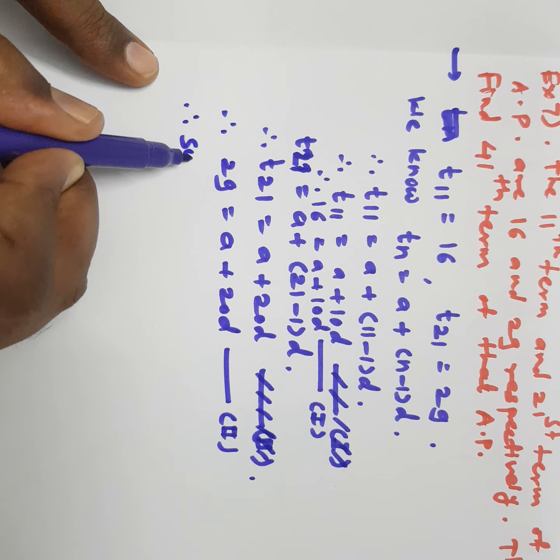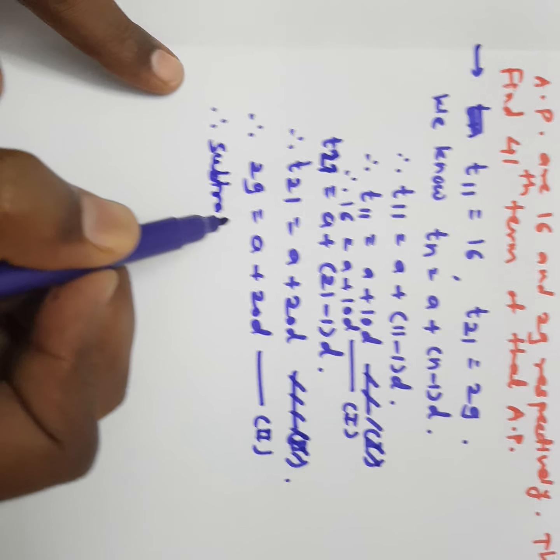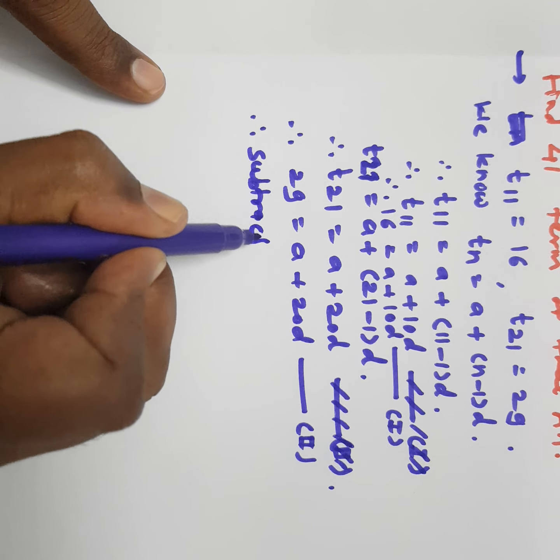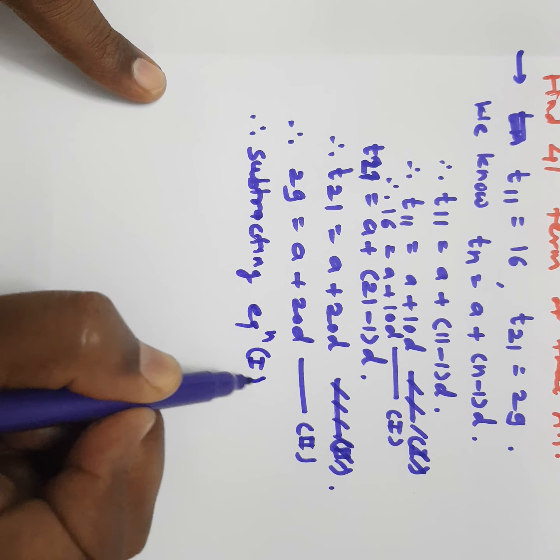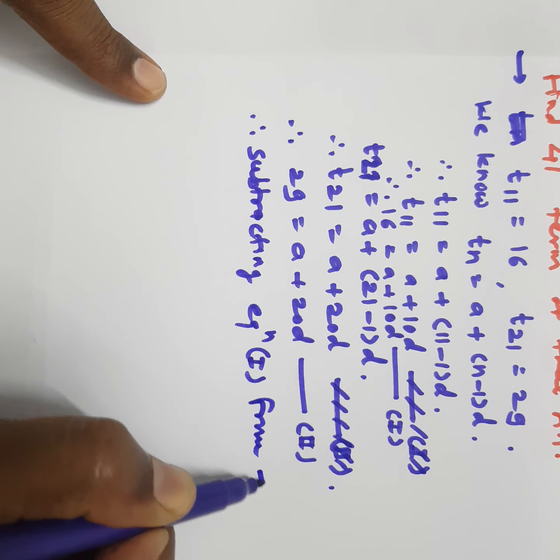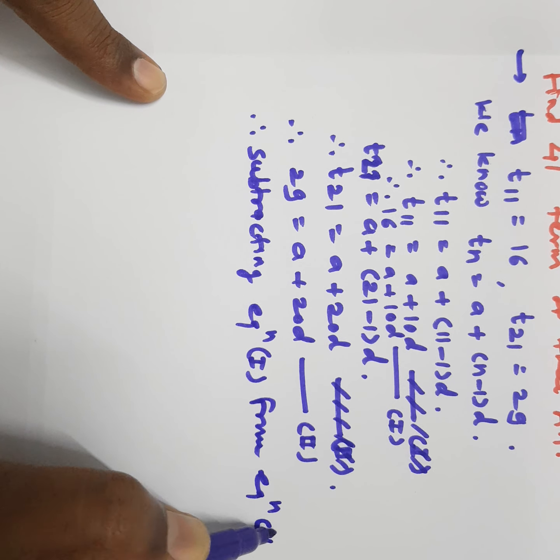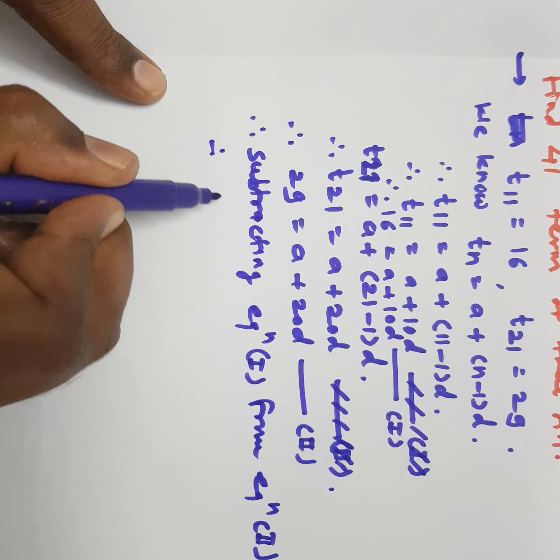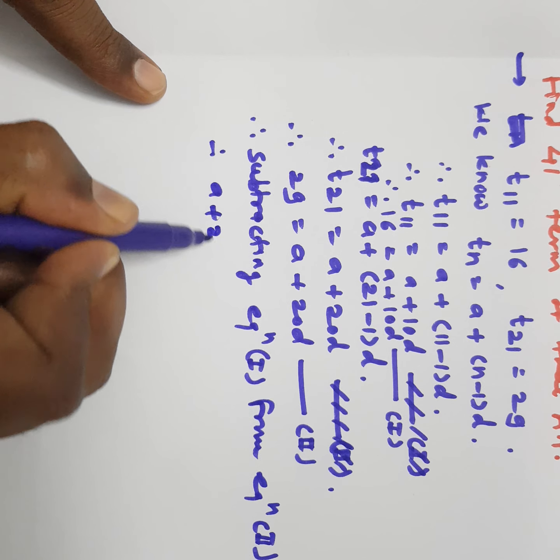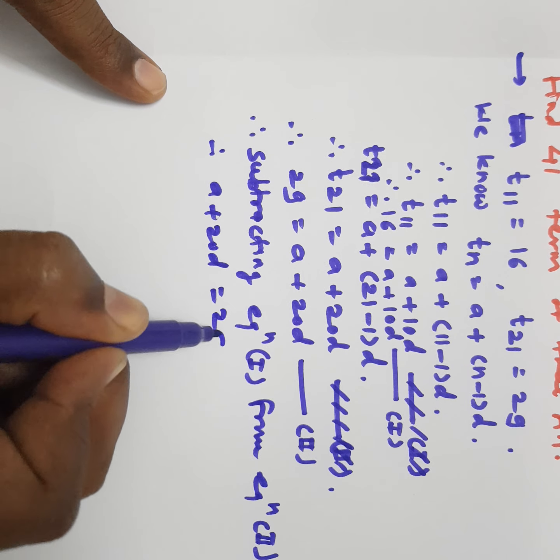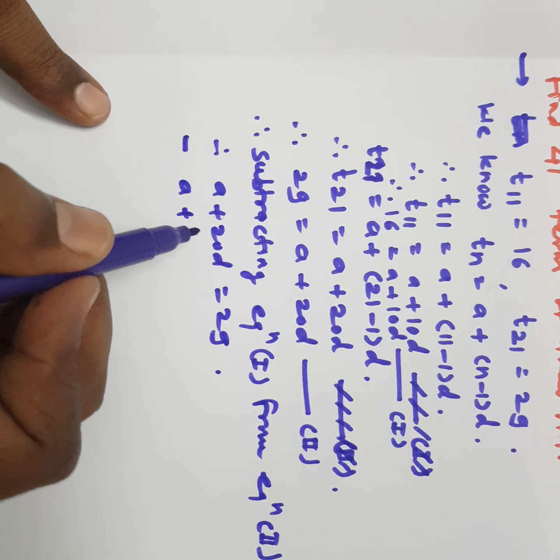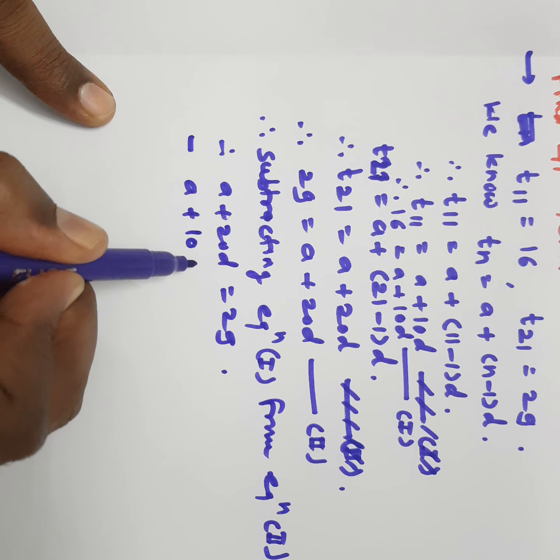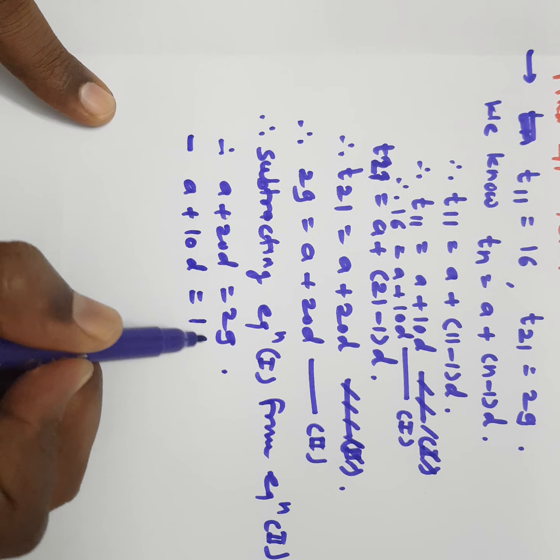Here we will subtract equation first from equation second. Therefore a plus 20d is equal to 29 minus a plus 10d is equal to 16.